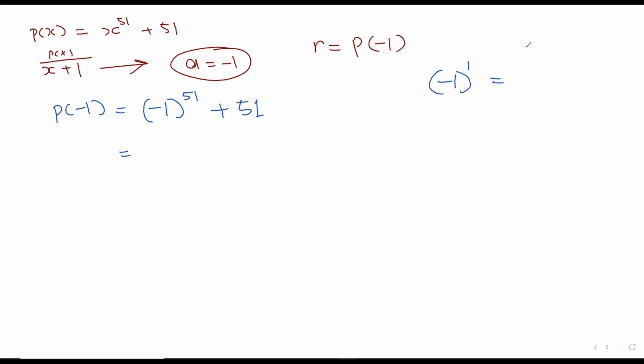Okay, let me just use another color for this. If I have -1 to the power of 2, what is this equal to? Ma'am, 1. Very good. This is equal to +1.